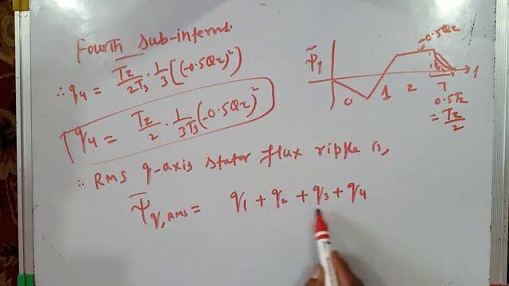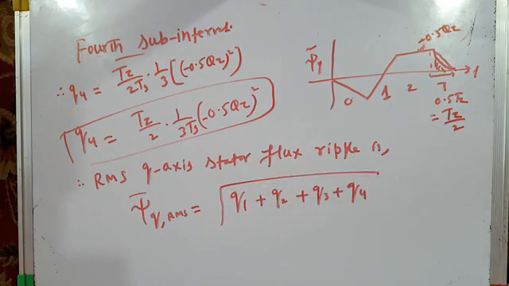These are all mean squares, and then you take the square root of all this, so that will give you the RMS value of Q-axis flux ripple. Fine.